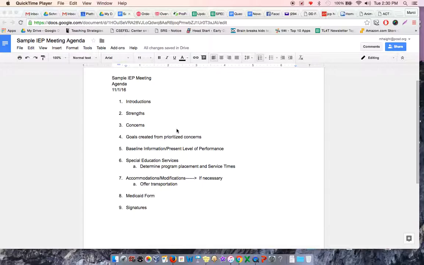So I'm not telling you that you as the case manager have to use this agenda. If you really would rather continue doing IEPs in a way that you already feel comfortable with, then that is totally your call. Pam and I are not making this mandatory because the state has not made it mandatory.